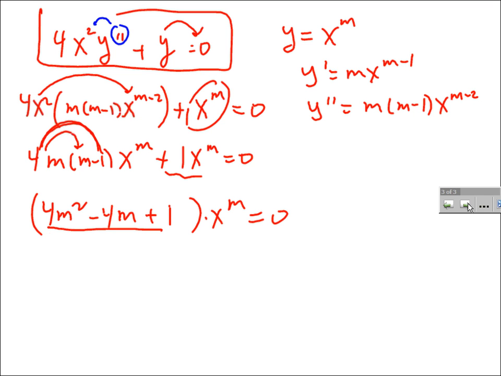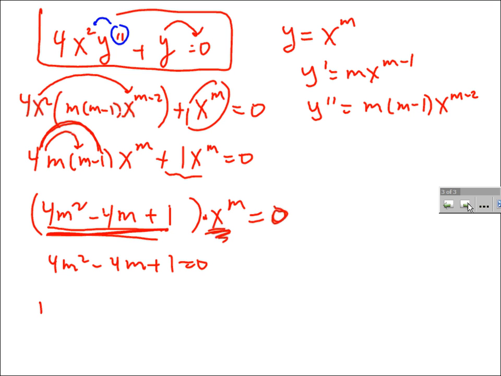Because if the product of this and that, and I don't care whether this or that looks complicated or not, if you're multiplying this and that, and you're getting 0, either this is 0 or that is 0. One of the factors must be 0. Okay. We're going to equate 4m squared minus 4m plus 1 with 0. And now this is a quadratic equation.